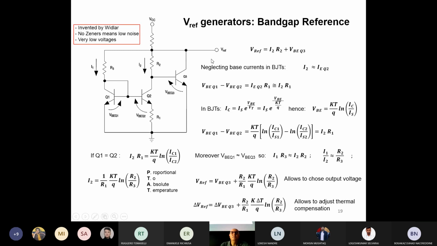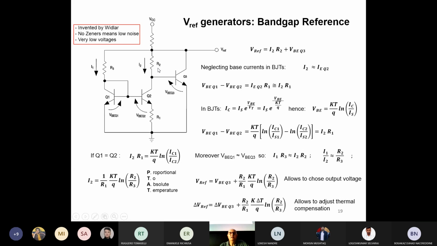If you look at this system, you can also see a sort of feedback. Why? In short words, if for some reason the VREF increases, this VREF increase will increase the current through Q1. The current through Q1 has to do with the resistor R3.